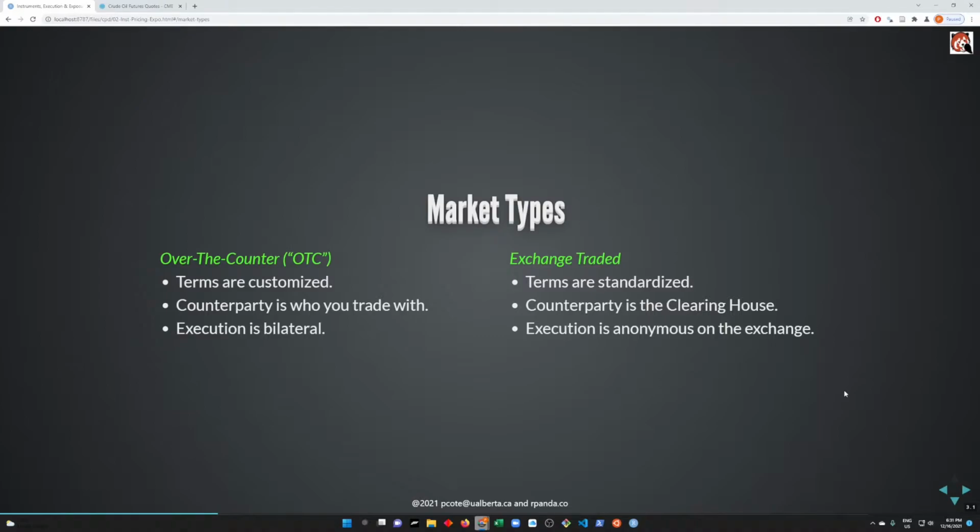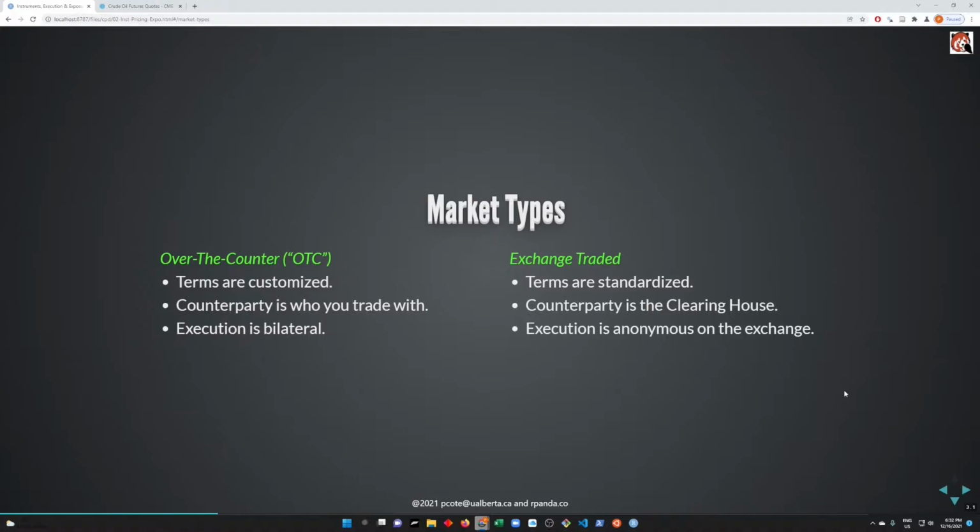In the case of exchange-traded markets, it's a little bit different. Now, counterparty A and counterparty B may transact on the exchange, but they will transact on the contract where the terms are standardized by the exchange. The impact of standardization means increased liquidity. Also, in an exchange, there's the concept of a clearinghouse, which we'll discuss at more length in a minute.